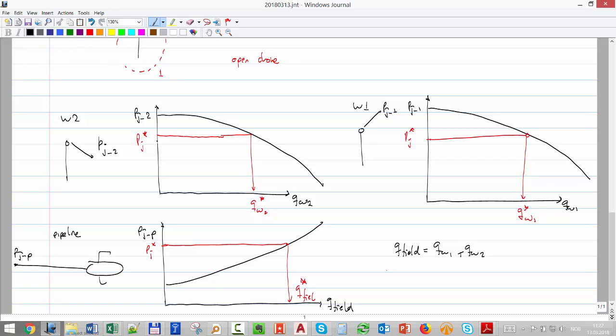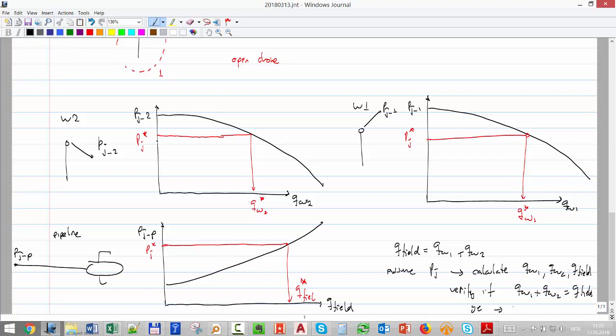I think some years ago we had an exercise on the exam that was exactly doing this process. If I'm going to solve it graphically, I assume Pj, then calculate QW1, QW2, and Q of the field, and then I have to verify if QW1 plus QW2 is equal to Q of the field.